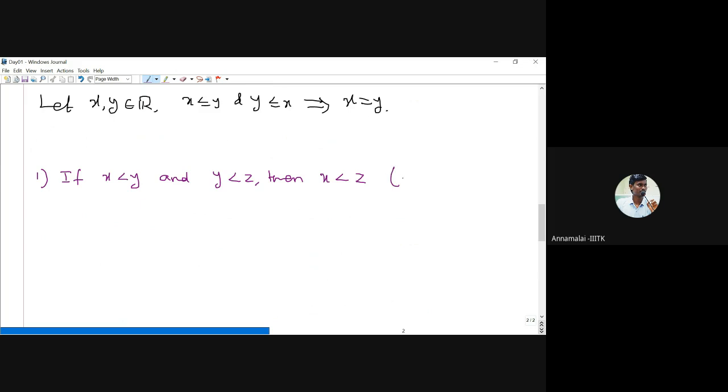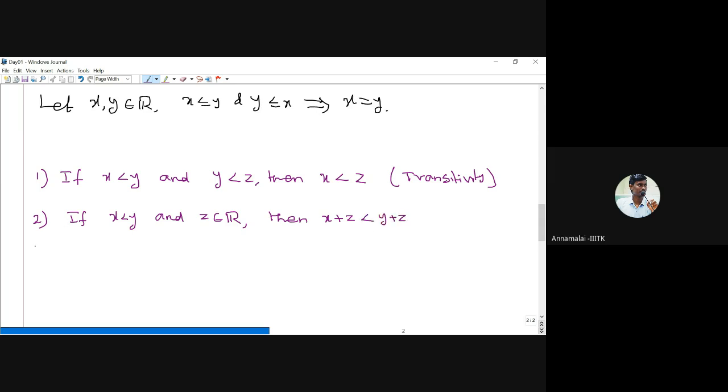This property is called the transitivity property. This is the first property. The second order property: if x is less than y and z is any real number, z in R, then if you add z to both sides, the inequality will not change. That is, x plus z is strictly less than y plus z.